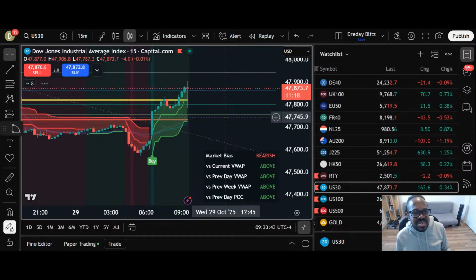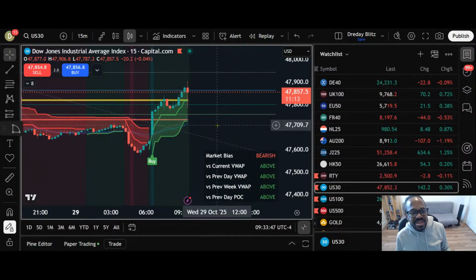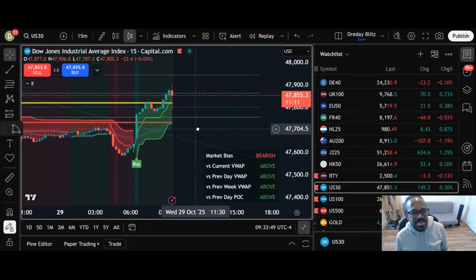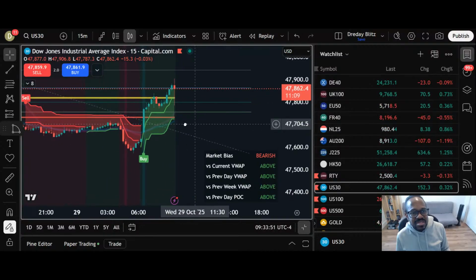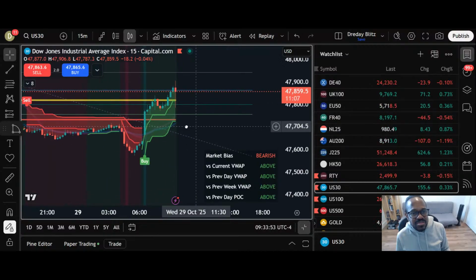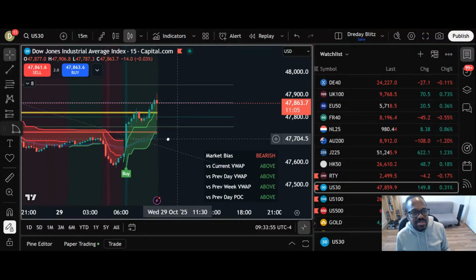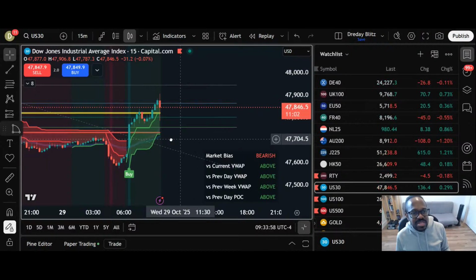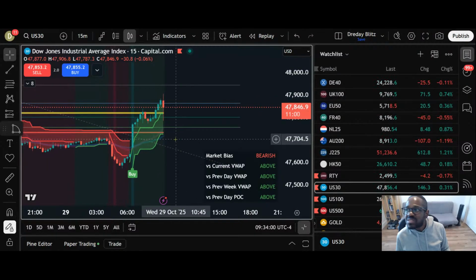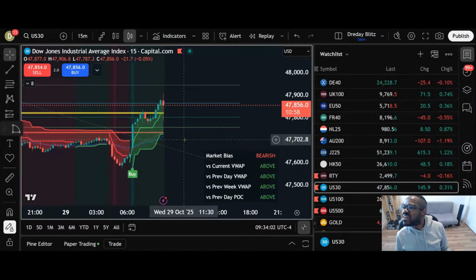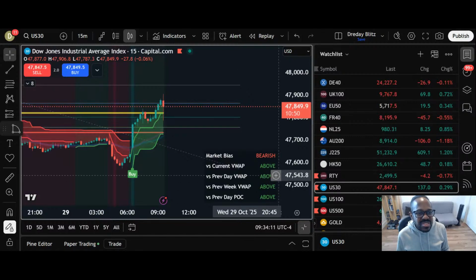And like I said, we may have the NFP data that was delayed from the beginning of this month, that should be out based on the TradingView economic calendar. So I wouldn't take a buy here. At this point, I would wait it out.